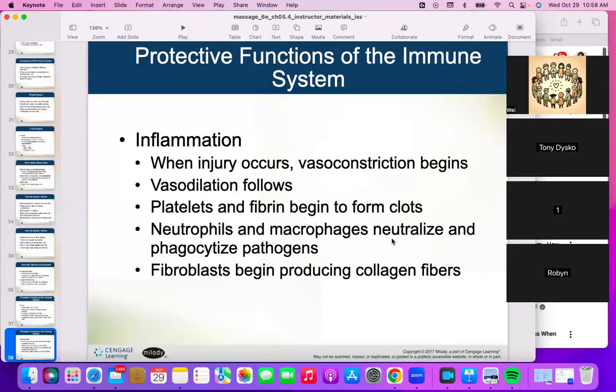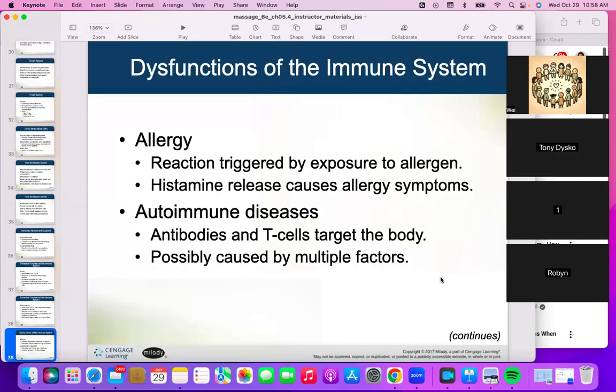And all these white blood cells come in to do their work, to kill the pathogens, or to bring in more white blood cells. And there are also fibroblasts. We talked about blasts always building and clasts breaking down. Fibroblast, from fiber, begins building collagen fibers along the wound to create a structure for closing the wound.